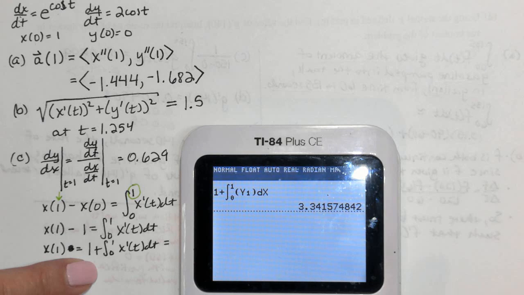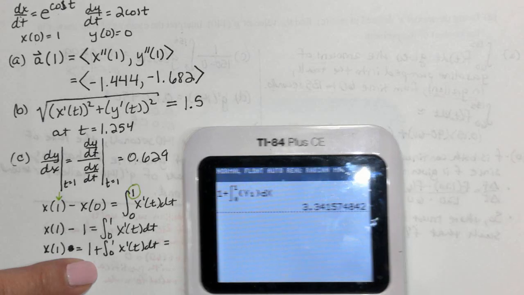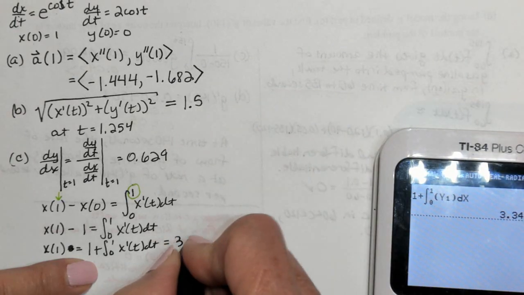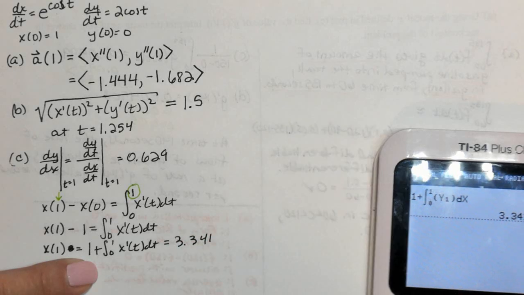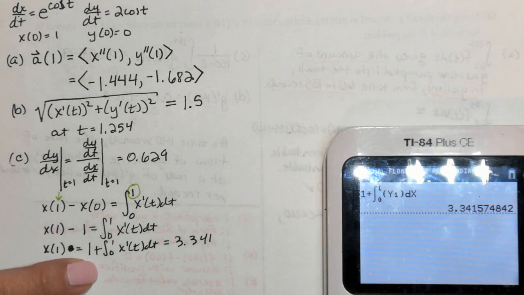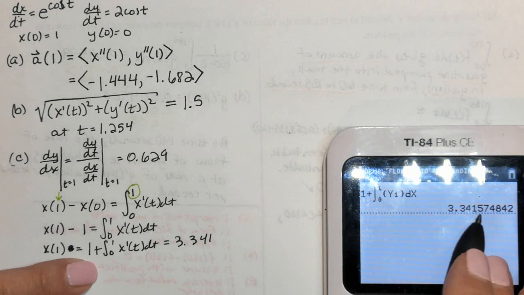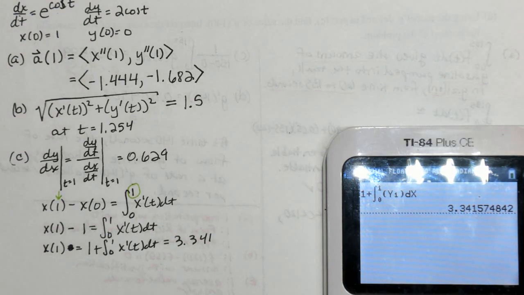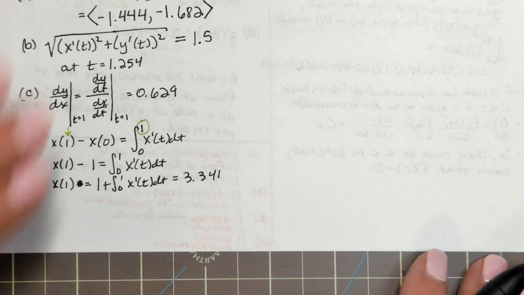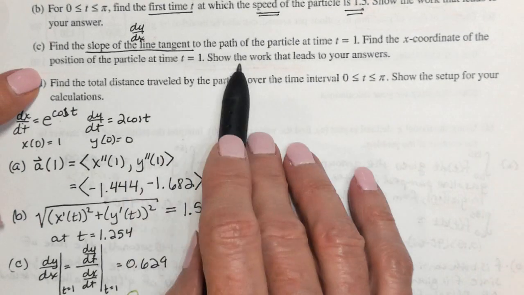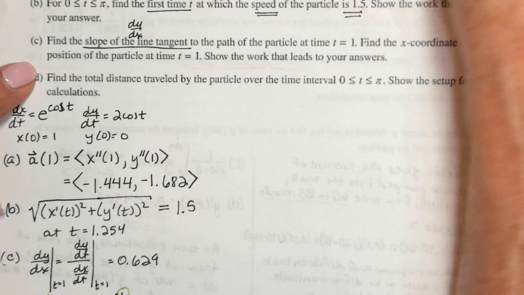So 3.341, or they would also accept 3.342 because the next digit is a 5. Did I finish part C this time? Did I show the work? Yes, of course I showed my work.